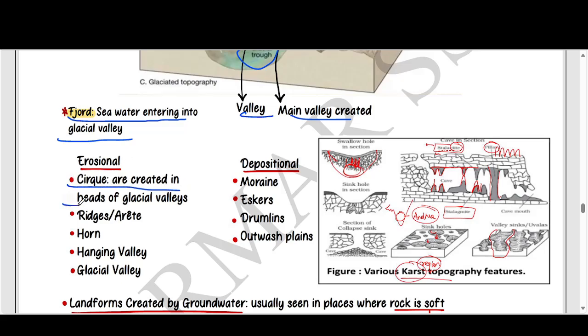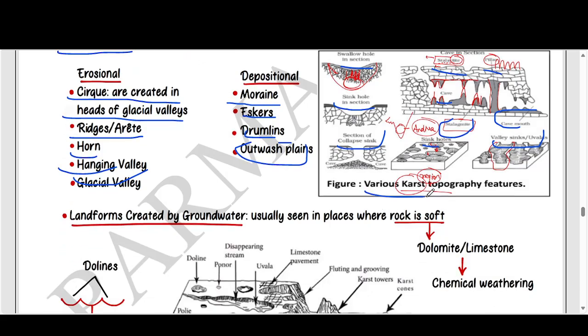Erosional features of the glacial valley: cirque, arete, horn, hanging valley. Depositional features: moraine, esker, drumlin, outwash plain. Sinkholes, stalagmite pillars and caves are features of groundwater.